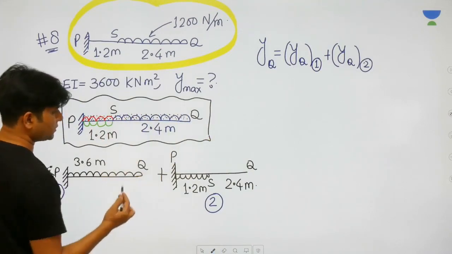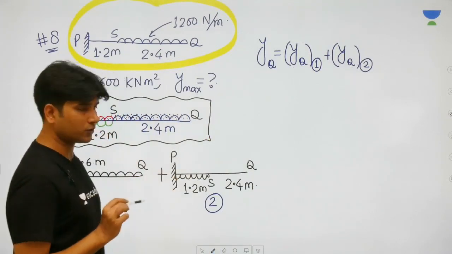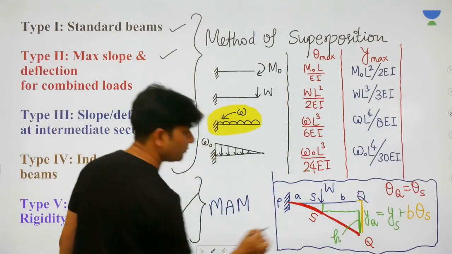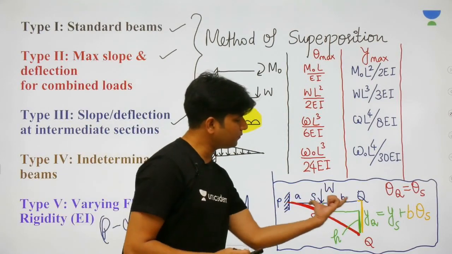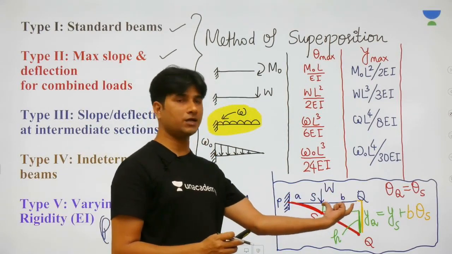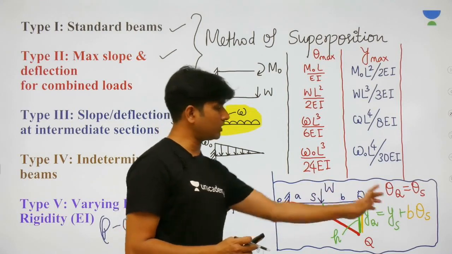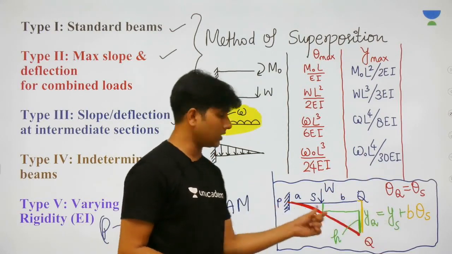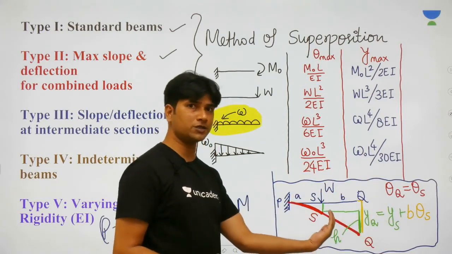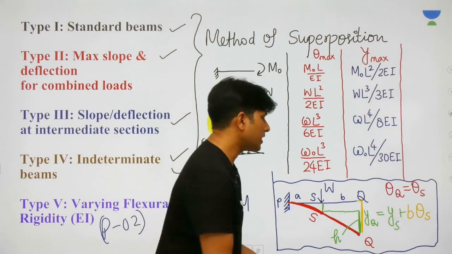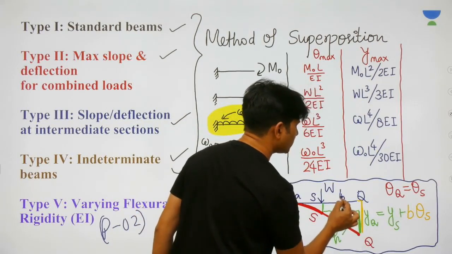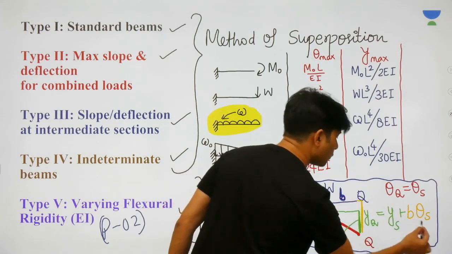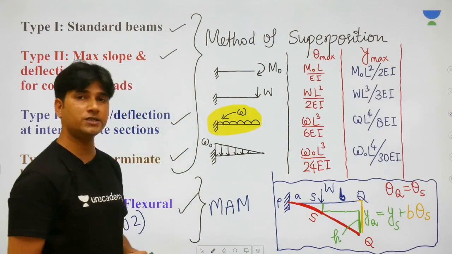YQ of the first beam is a very simple thing. For the first beam, it's never a challenging thing. For the second beam, we are going to use this straight funda: if a certain length on the free side doesn't have any load, then we can write the deflection at the end point as the deflection at the point up to which the load is acting, plus that length which is unloaded, that length which doesn't have any load, multiplied by the slope at that point up to which the load is ending.